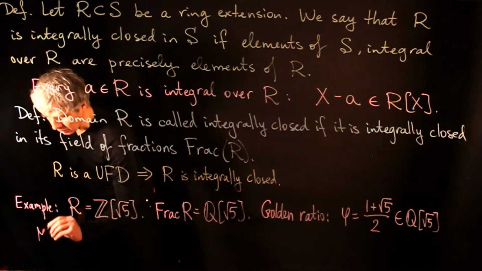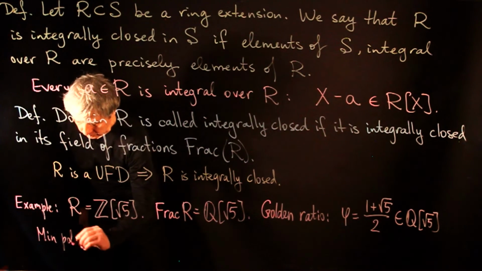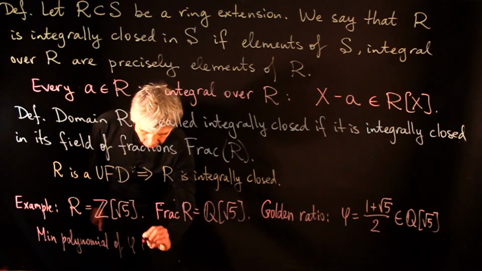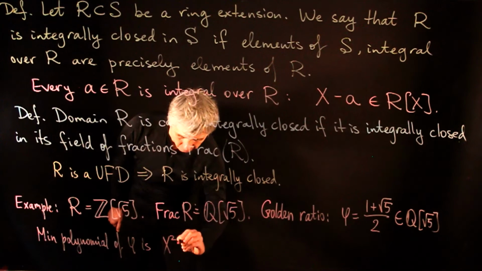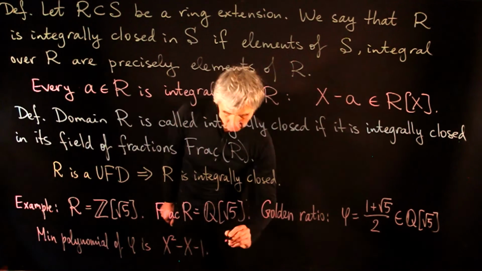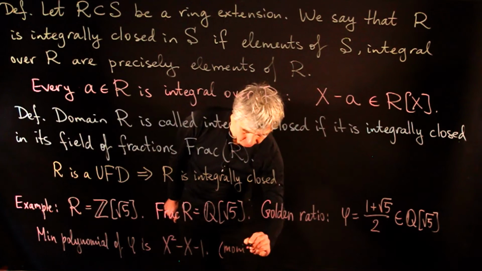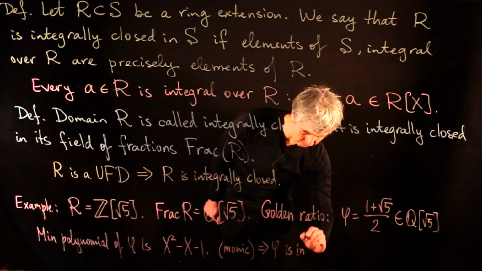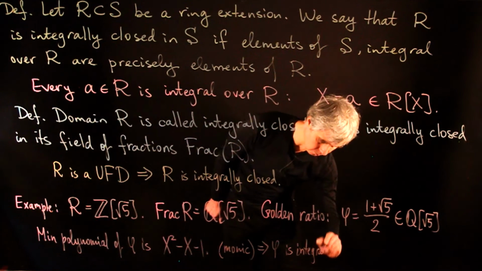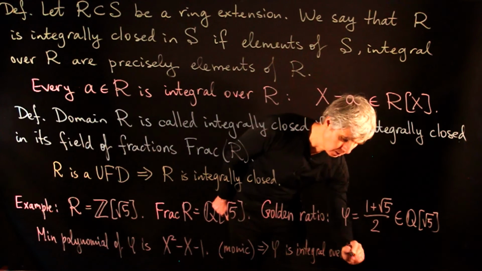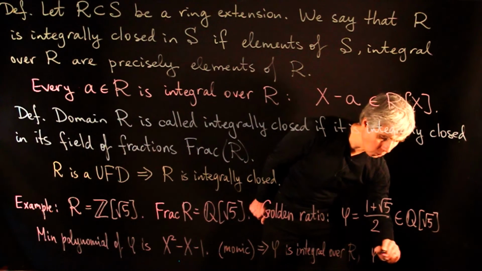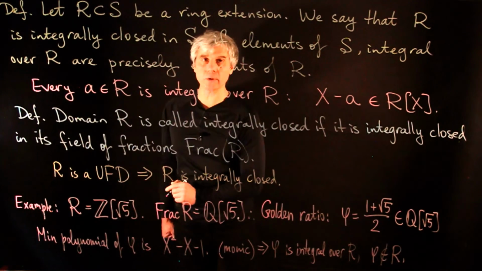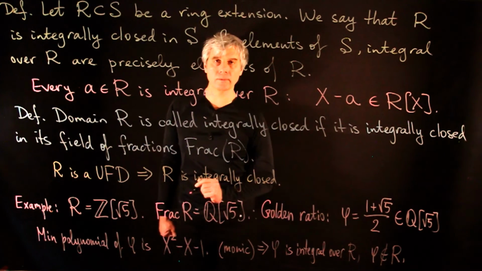One can check that the minimal polynomial of the golden ratio is x squared minus x minus 1, which is monic. So this tells us that phi is integral over R, but phi is not an element of R. So this means that Z adjoin square root of 5 is not integrally closed.